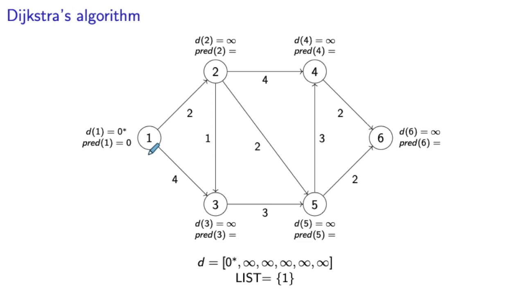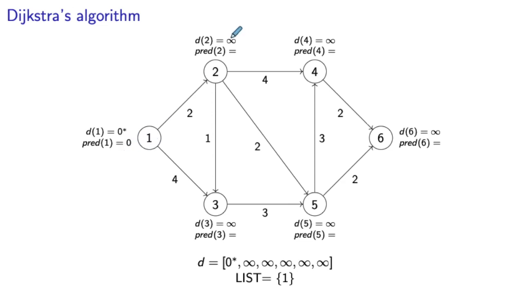And then the predecessor for node 1 needs to be set to some numerical value, so we just set it to 0. There is no node 0 from which you arrived at 1, but we just need to specify something for this label. So to initialize, we set the distance label of node 1 to 0 and the predecessor label for node 1 to 0 as well.